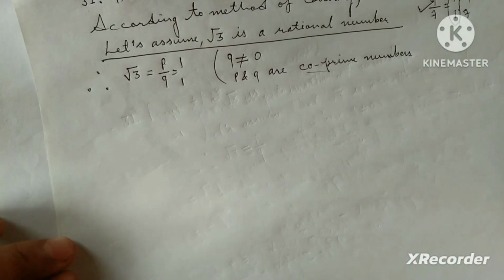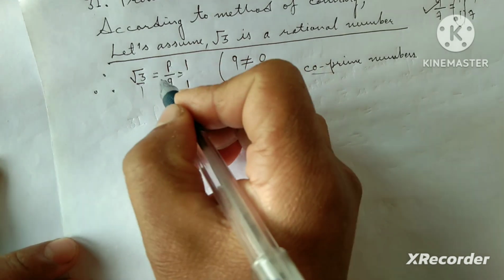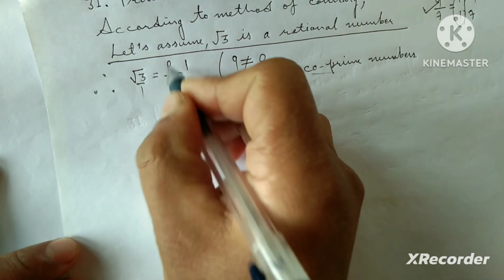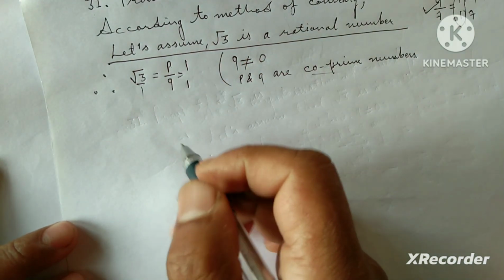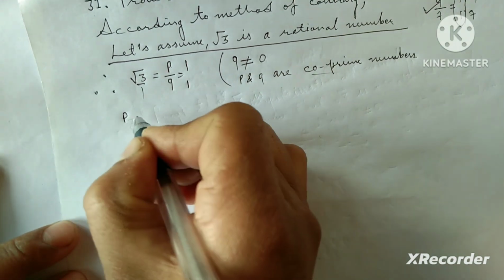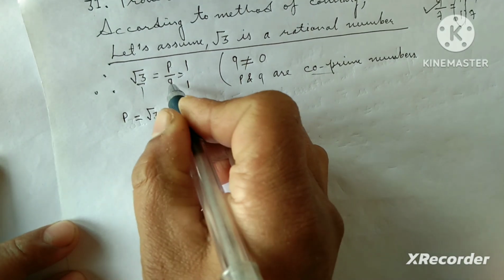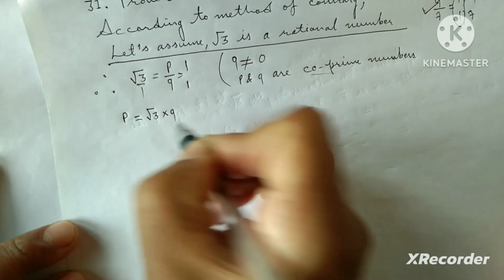Now let's do cross multiplication. p equal to root 3 into q.